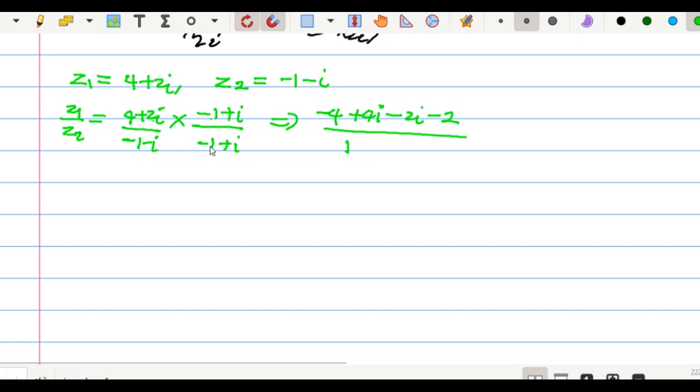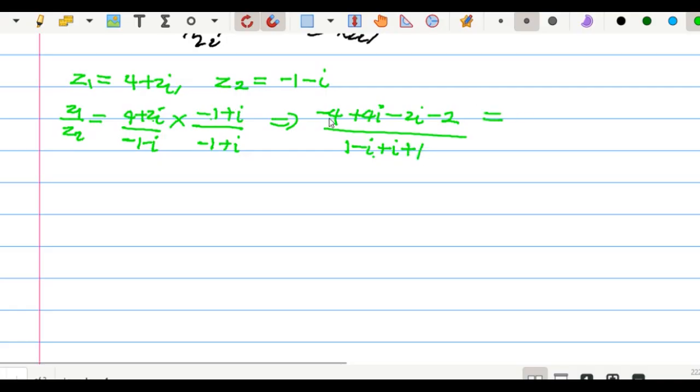Minus 1 multiplying minus 1 you have 1, then minus 1 multiplying i you have minus i, then minus i multiplying minus 1 you are going to have plus i, then minus i multiplying i you are going to have 1, right?